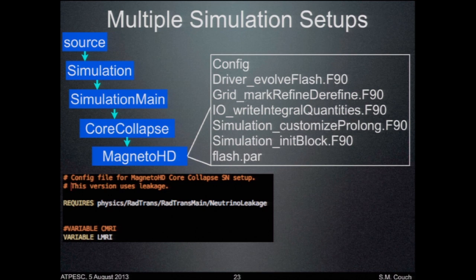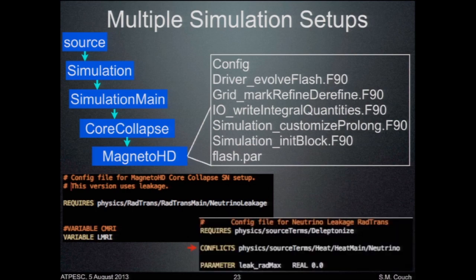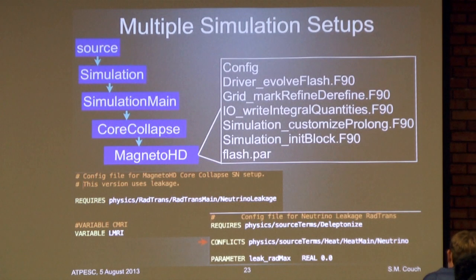So now we've got an issue where the parent unit is requesting something that conflicts with what we're requesting here. So if you take a look at the neutrino leakage config file, it explicitly says, I conflict with neutrino heating because we do the same physics and I do it better. So this will be a problem when you go to build. But you can get around that with some build setup syntax.